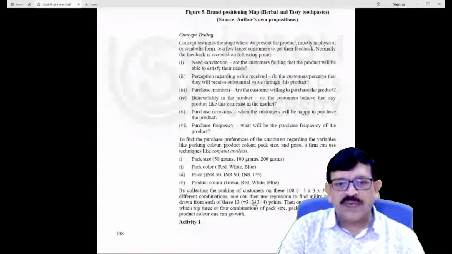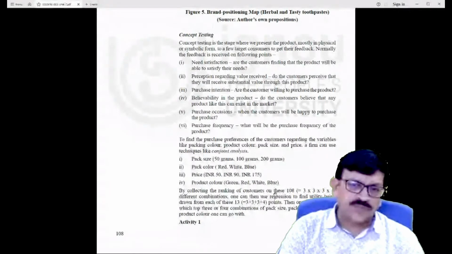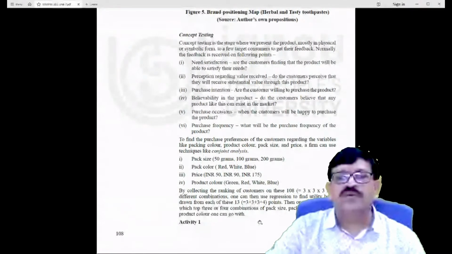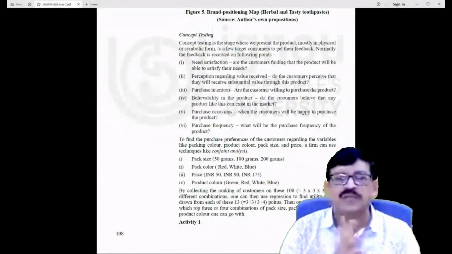And by using regression, we can use utility drawn from these as 13. Since there are 13 here, we look at 13 points. So I can easily find out from these top 4 combinations which are the ones, the combinations of pack size, pack color, price and product color.